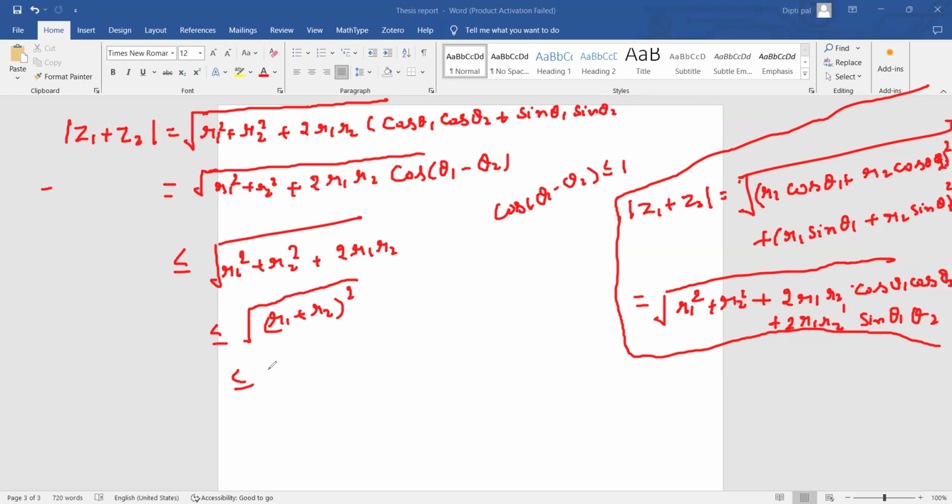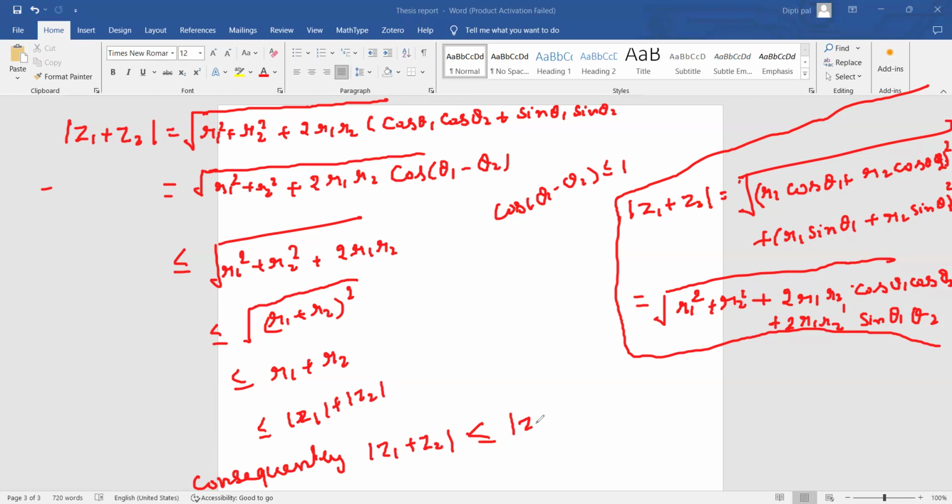So this becomes R1 plus R2, that is modulus of Z1 plus modulus of Z2, where R1 is modulus of Z1 and R2 is modulus of Z2. So consequently, modulus of Z1 plus Z2 is less than or equal to modulus of Z1 plus modulus of Z2.